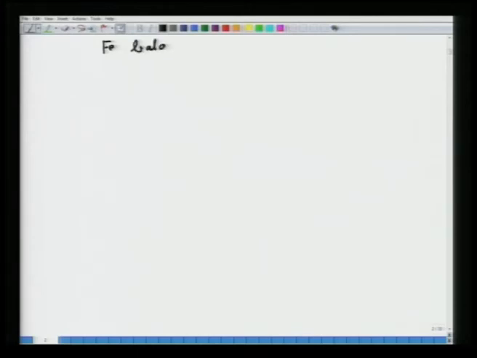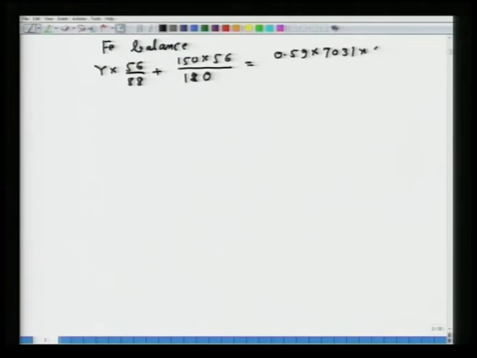Iron balance is y into 56 upon 88 plus 150 into 56 upon 120, that is equal to 0.59 into 7031 into 56 divided by 72, where y is the kg of FeS of matte.